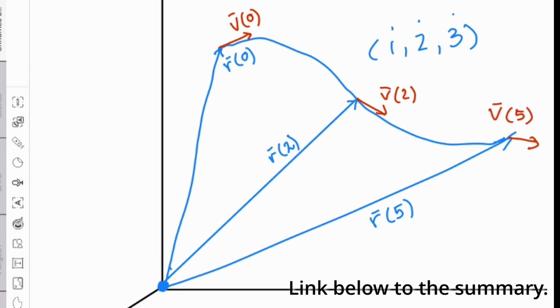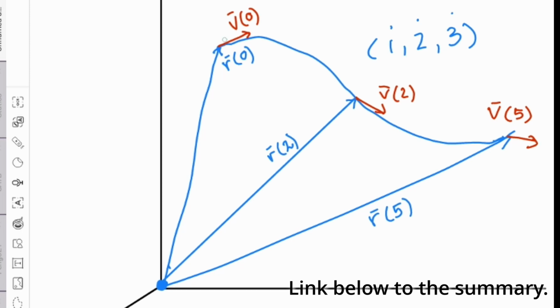When we look at acceleration, I'm going to change to green now. Acceleration is tangent to the velocity. So we have the velocity tangent to the position curve, but now we have acceleration tangent to the velocity vector itself.